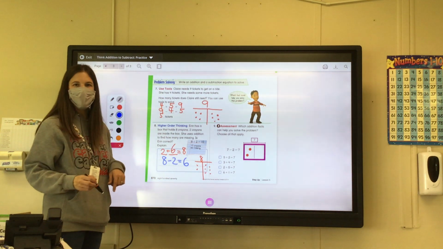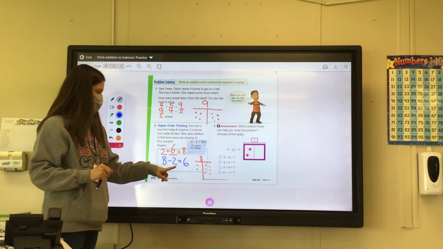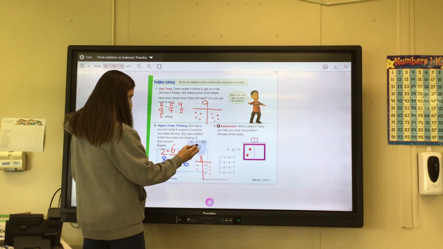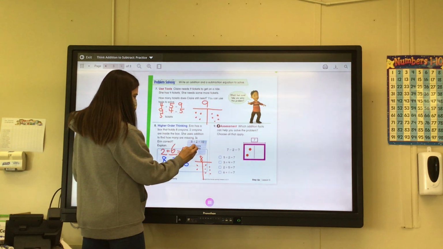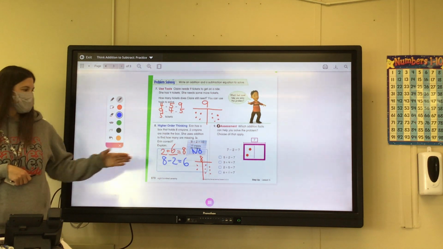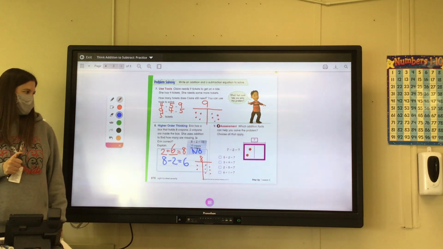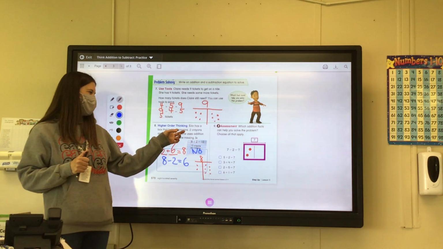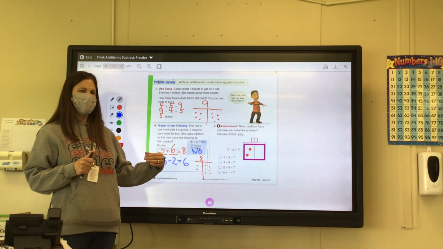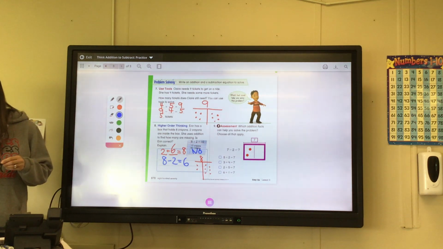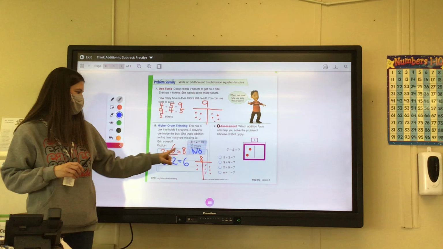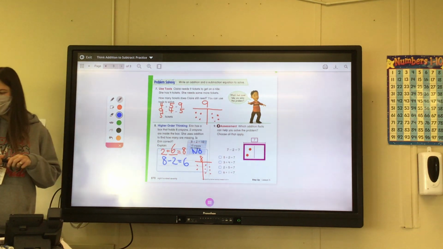So how many crayons are missing? 6 crayons are missing. So is she correct? No, she is not correct. 10 crayons are not missing. 6 crayons are missing. She added the total number of crayons plus the 2 crayons she already had. So that's not the way you're supposed to do it. So she should use the addition equation like this first.